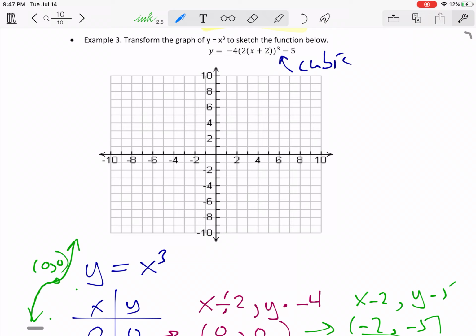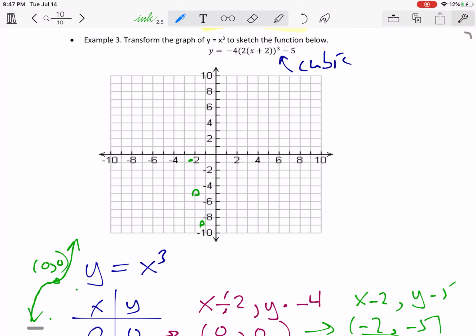So -2, -5. Then you've got -1.5 and -9. And then you've got -2.5 and -1.